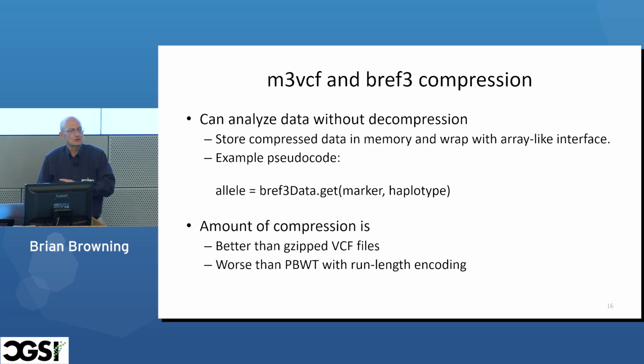And although there's an extra array access, in practice it should perform very well because the data is more compressed. The data you need is more likely to be in cache, and so you have fewer cache misses. And anytime it's not in cache and you have to go to main memory, that's actually a very expensive operation. The amount of compression, we'll see with real data at the end, is better than gzip, but worse than PBWT with run length encoding, which we'll look at next.